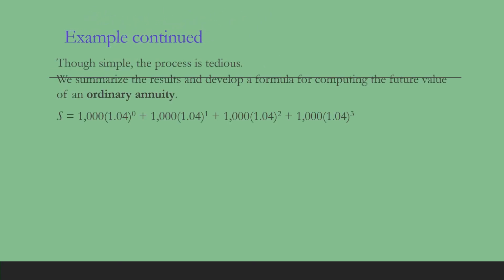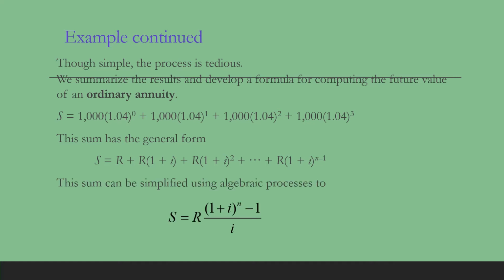If we summarize the whole thing, the sum is the sum of these 4, where the first one is just 1,000, which is R, say. The second one is R times 1 plus I, because it is for only 1 period, and then R into 1 plus I whole squared, etc. It is just a geometric series.